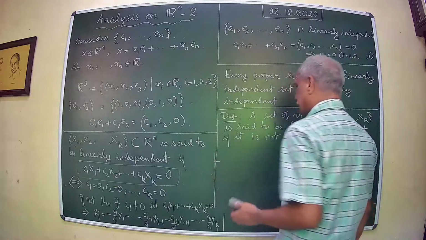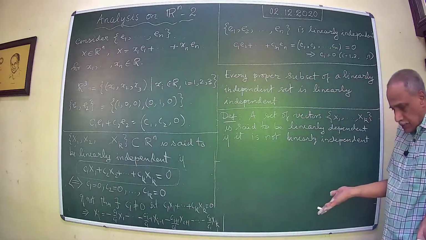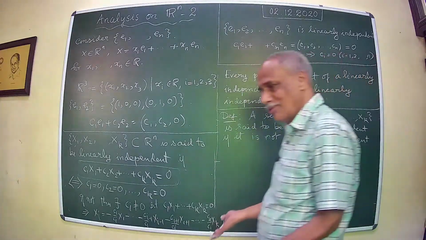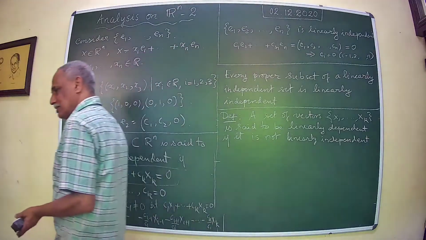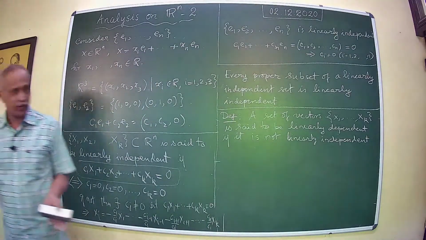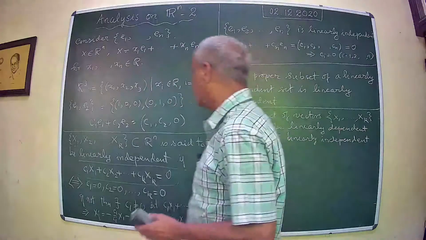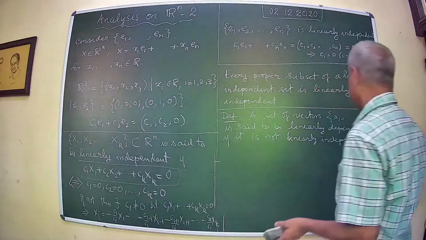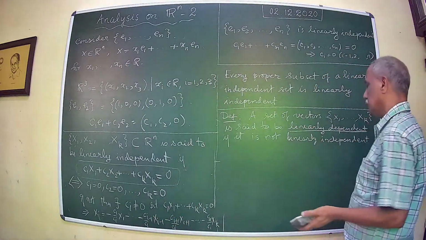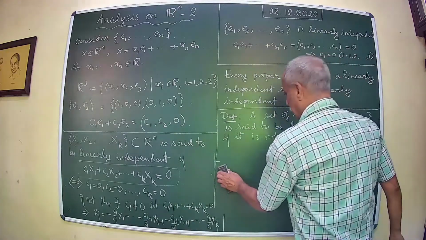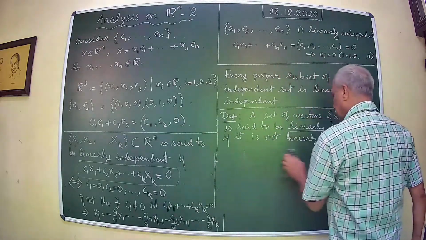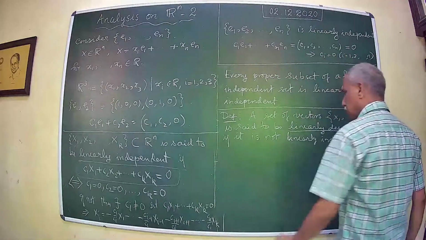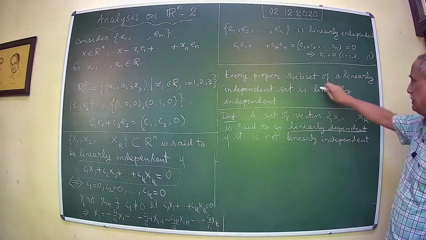So there are two things. Given a set, it can be either linearly independent or it can be linearly dependent. Now you can easily check this.